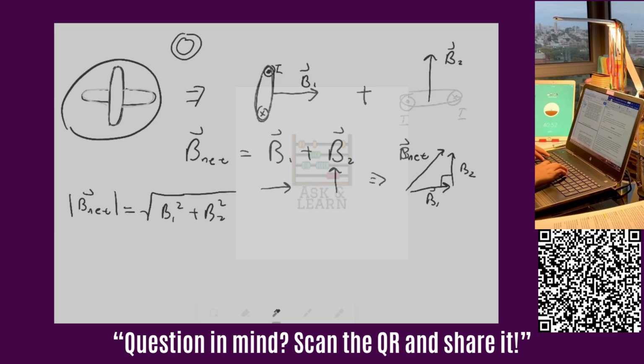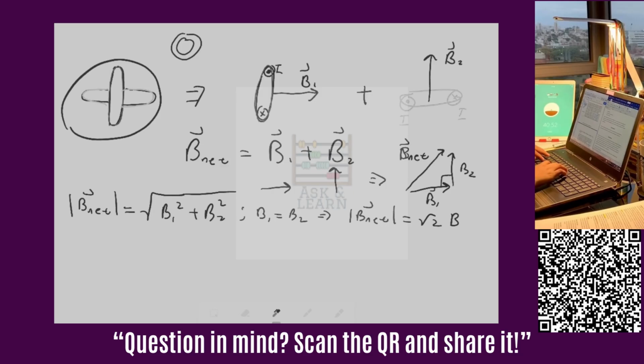But of course, because these are the exact same type of loop, we know that these magnetic fields are going to be equal. So B1 is actually equal to B2. The magnitudes of these magnetic fields are equal to each other. So that means that the magnitude of the net magnetic field is actually the square root of 2 multiplied by B, the magnetic field created by any of these loops at the center.